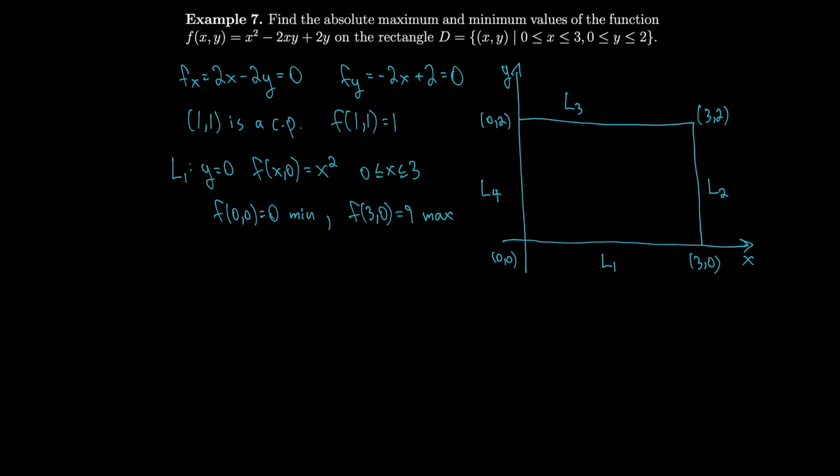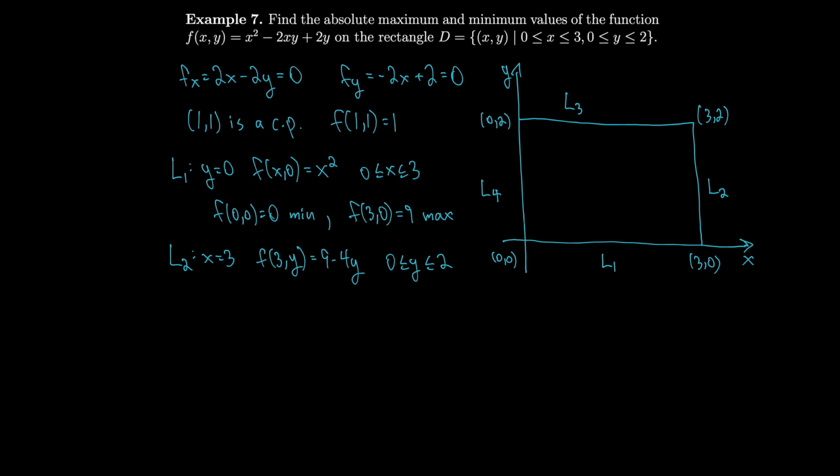Alright, let's look at line number 2. So that's when x is 3, because x is constant over here and y is going up from 0 to 2. So we're looking at f of 3 plugged in for x and y, and that's 9 minus 4y, and y goes from 0 to 2.